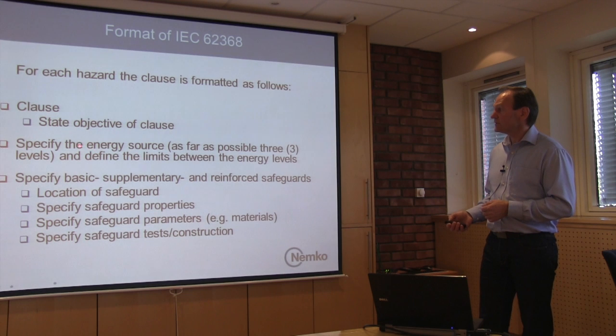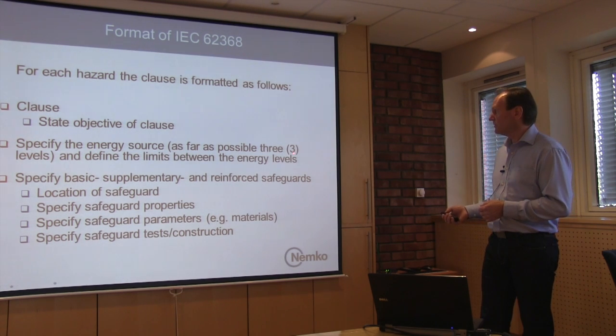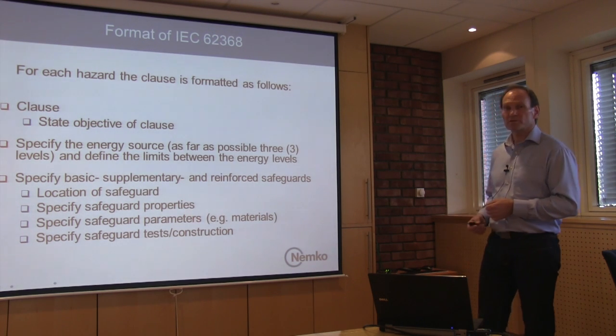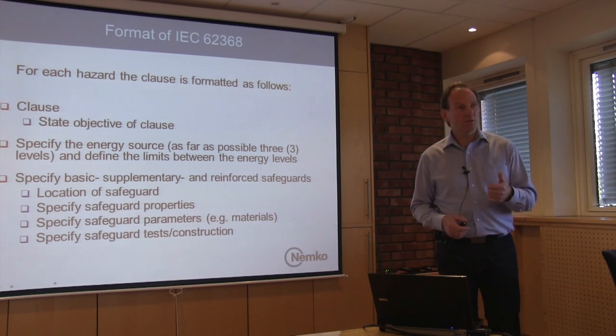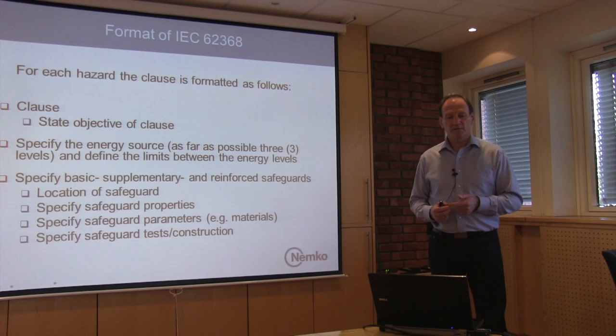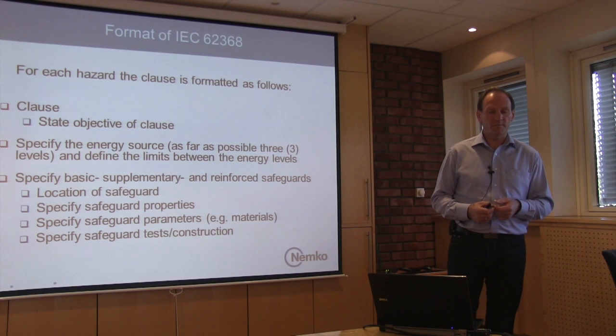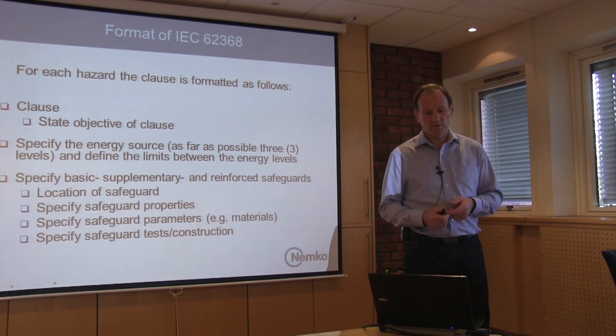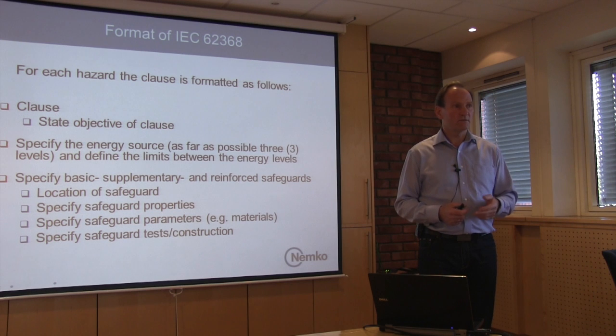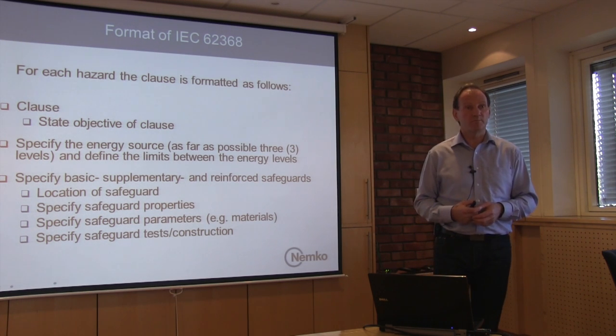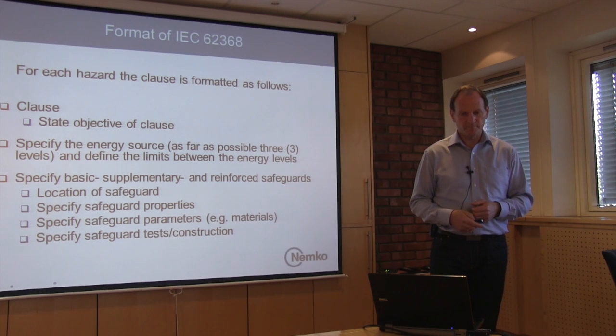It specifies the energy source as far as possible, the 3 levels, and defines the limits between the energy levels, and also specifies basic, supplementary, and reinforced safeguards. So the location of the safeguard, and the safeguard properties, and also the safeguard parameters with the materials, and also test parameters are put in the standard.